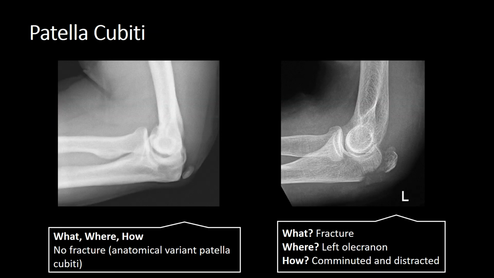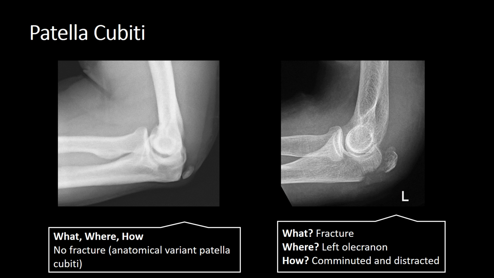Patella cubiti is an extremely rare anatomical variation which sits within the triceps brachii tendon. As with all anatomical variants, we're looking for a smooth, rounded, well-corticated margin. There's no associated soft tissue swelling.